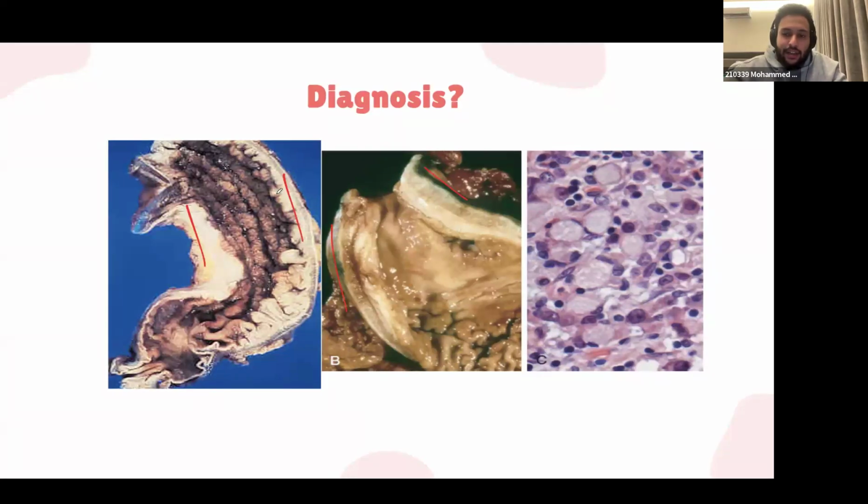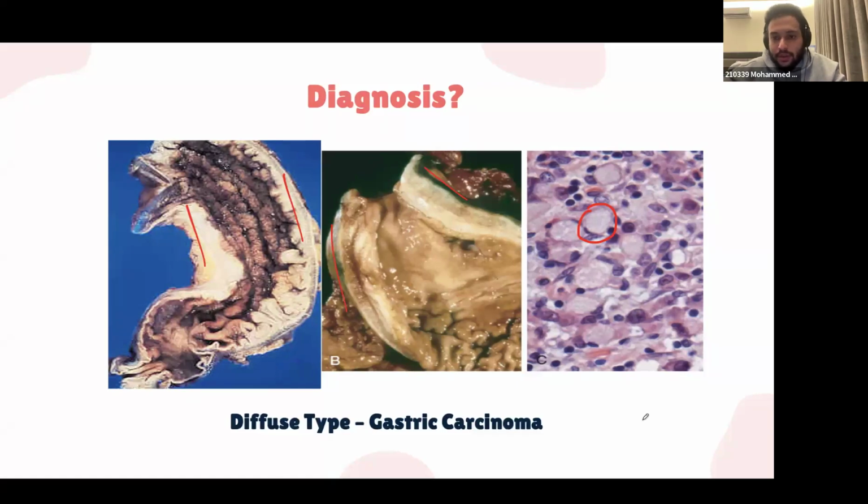It looks like leathery appearance. Linitis plastica. Perfect, good. And what type of cells do I see here? Signet ring cells. Okay, good. This is the diffuse type.